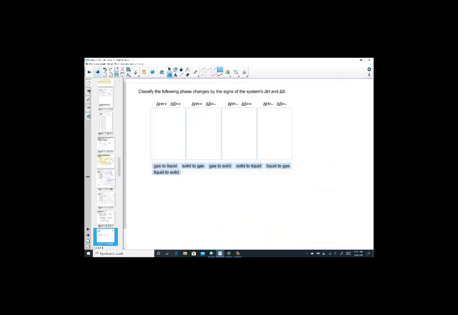I'd like to think through this with you as well. It's a good thought question. We're going to classify each of the phases by the signs of the system's enthalpy as well as entropy. So let's think about that. This is a graph that we showed earlier. Here's entropy, and let's put temperature here.